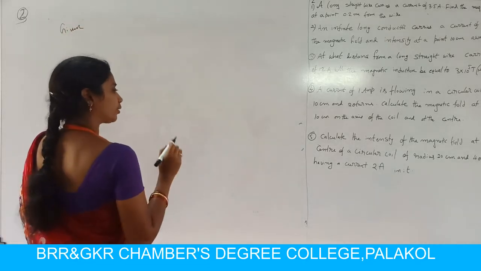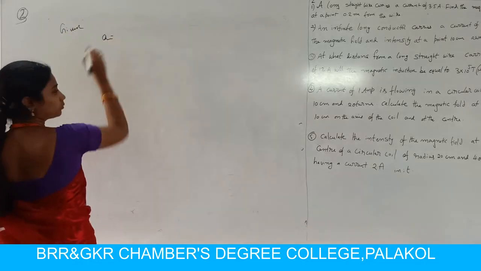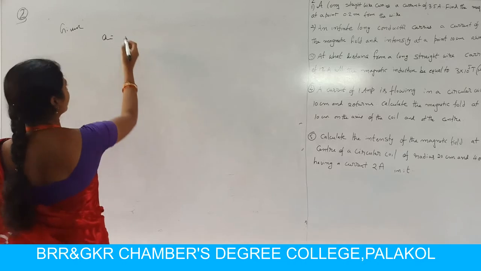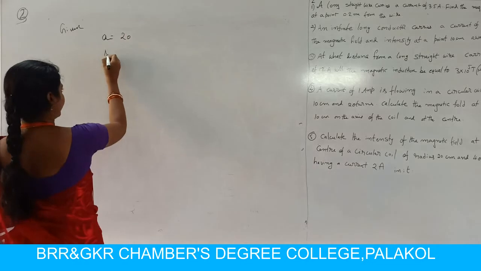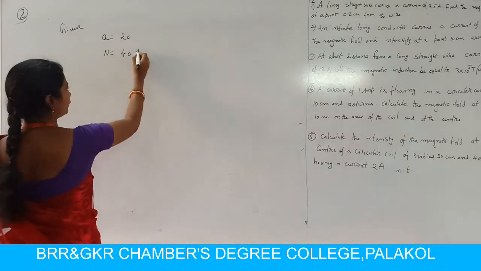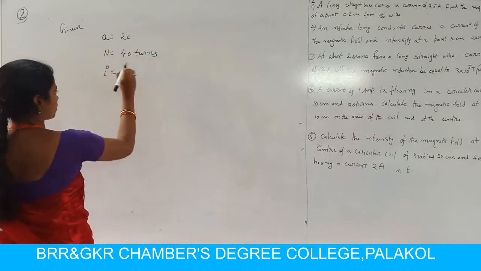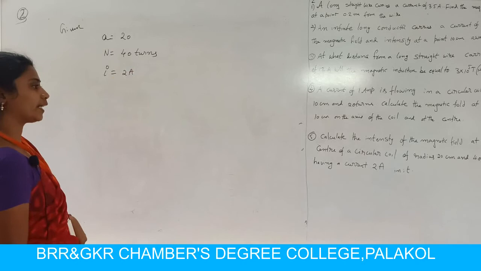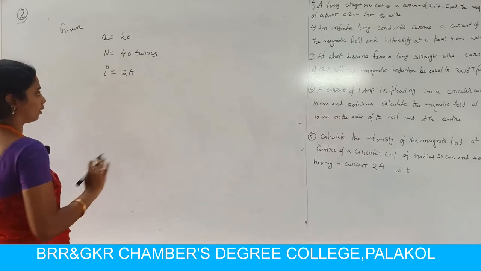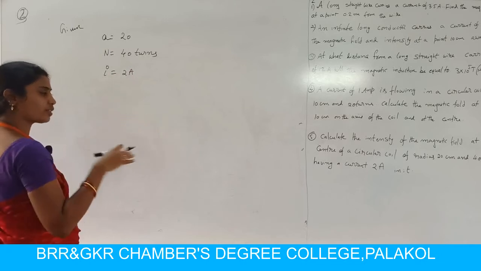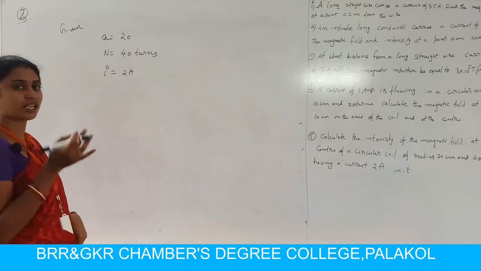The magnetic field at the center of the circular coil of radius a, which is 20 centimeters, with n as 40 turns, having a current I of 2 amperes. So we calculate the magnetic field first at the center.